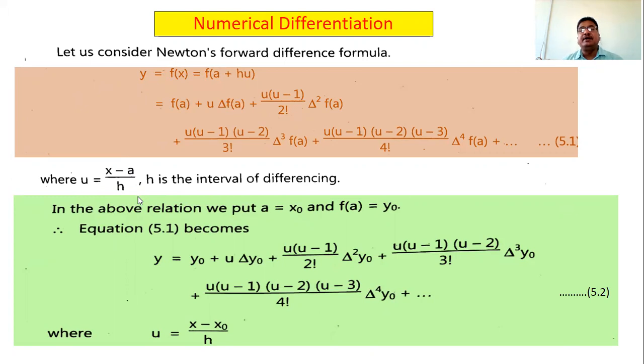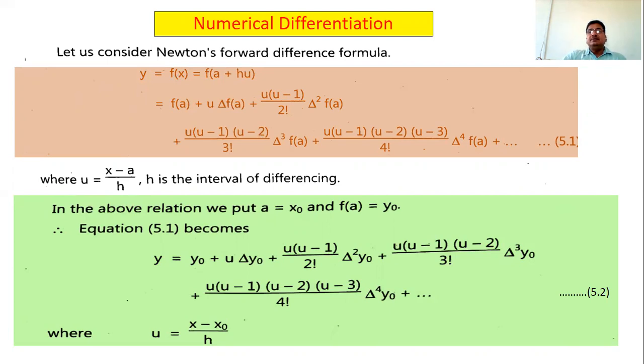That is the common difference. And a is the first point, so the value of x is obtained by substituting h from this, x equals a plus uh. So this is Newton's forward difference formula.